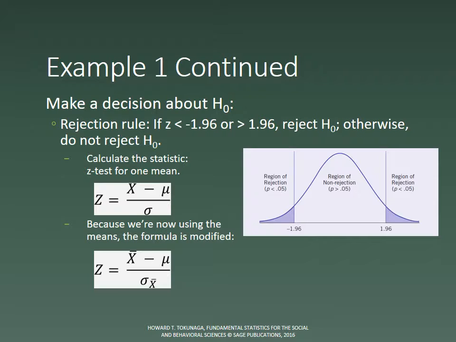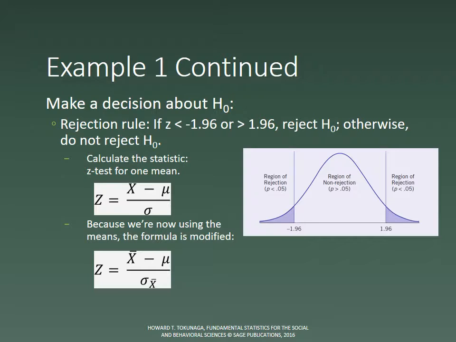Well, this is a standard value for a z-score with an alpha level of 0.05 or 5%. So if you're using a z-statistic for one mean, you're going to have an alpha level of 0.05. Your z that you're looking for in that critical region would be negative 1.96 and positive 1.96.